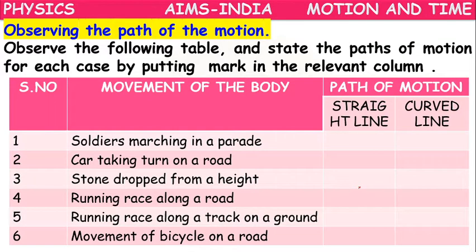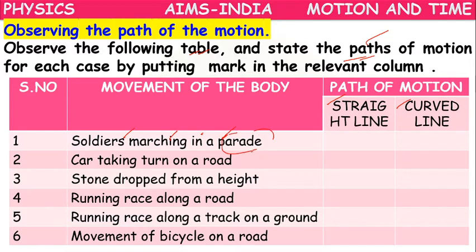Okay. So next, observing the path of motion. They have given some examples in the following table. We have to state the paths of motion, whether the path is a straight line or a curved line. First, soldiers marching in a parade.